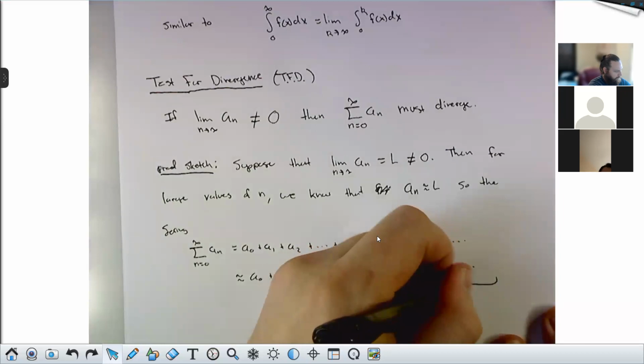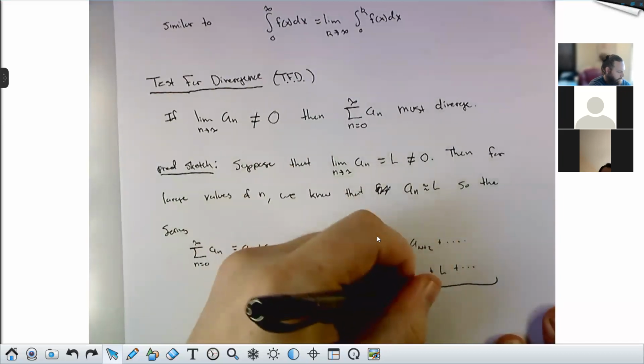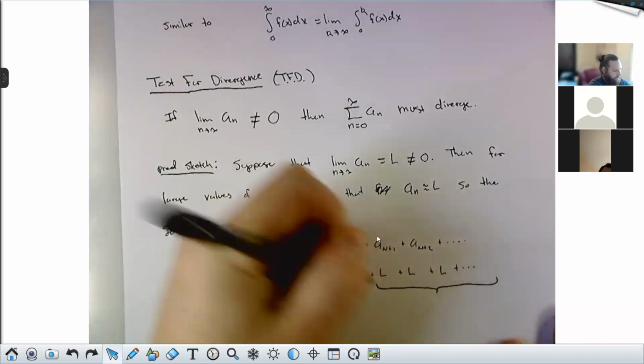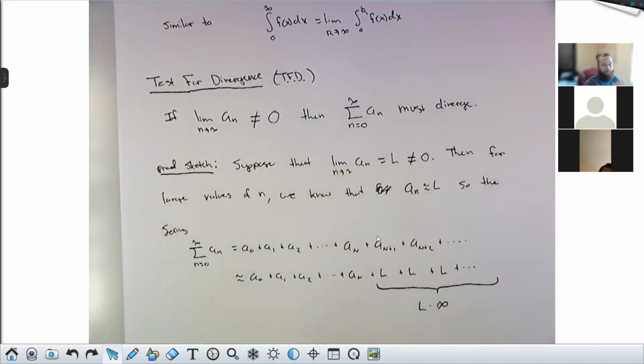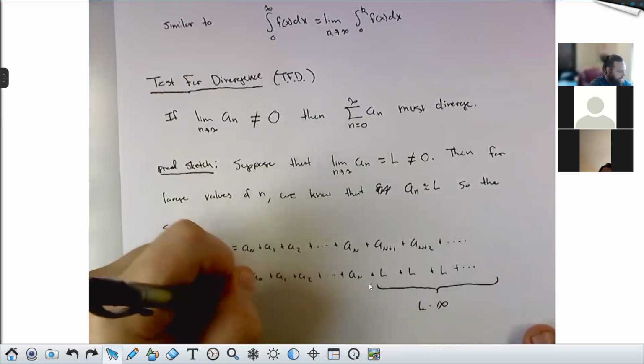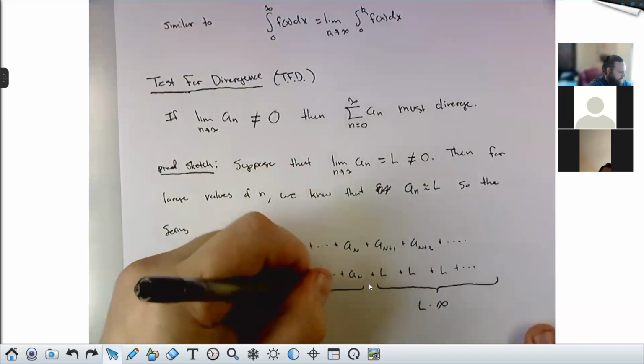This part of the series, the part that we call the tail, is like L times infinity. So it doesn't matter what this is. There's only finitely many terms here. This thing is definitely finite.